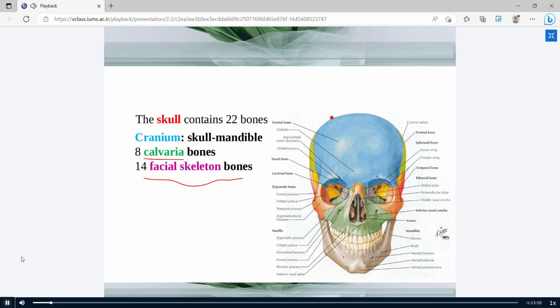Calvaria or brain box bones are nearly 8 bones, and facial skeleton bones are nearly 14 bones. The mandible is a single bone located in the face, and it's the only mobile bone in the facial skeleton. Actually, the cranium is a skull without the mandible bone.